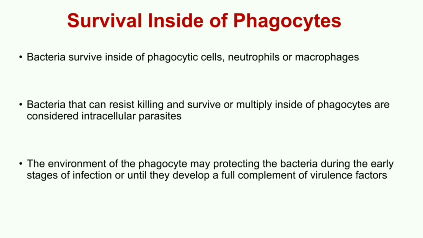The environment of the phagocyte is a protective one, hence protecting the bacteria during early stages of infection until they are competent enough to have a full-fledged virulent system.